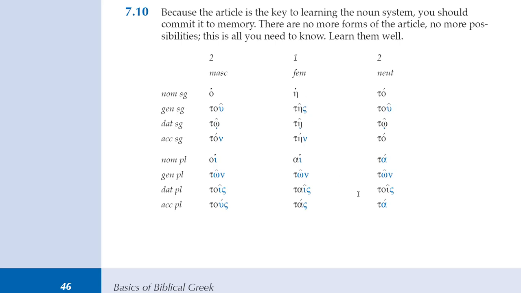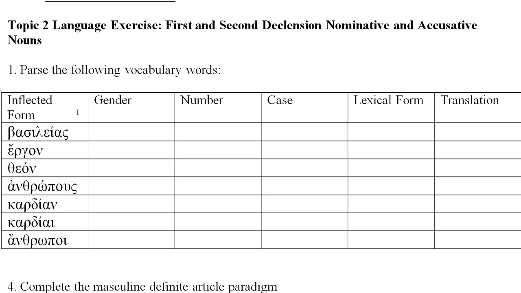So let's go back up and look at our parsing now. We have a number of vocabulary words. Now we know up front that this week we are only looking at nominative and accusative. So all our examples are going to be nominative and accusative. And also we're only looking at first and second declension, so we know that all our nouns are going to be first and second declension.